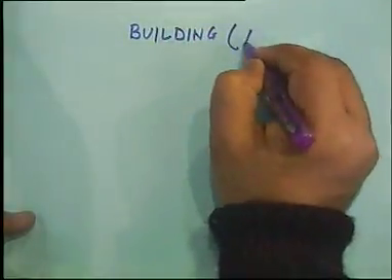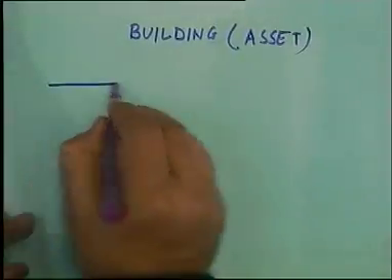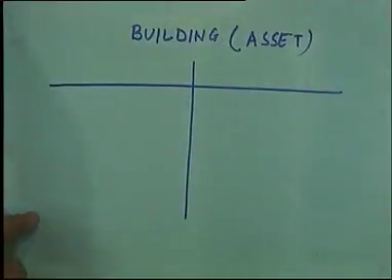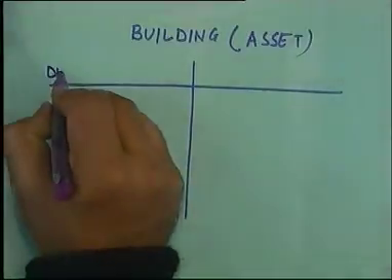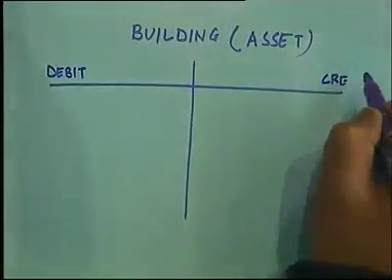Now building is nothing but your asset for the company. So just try to transfer that entry from the cash book into this particular T account. Left hand side conventionally you write debit, right hand side conventionally you write credit.